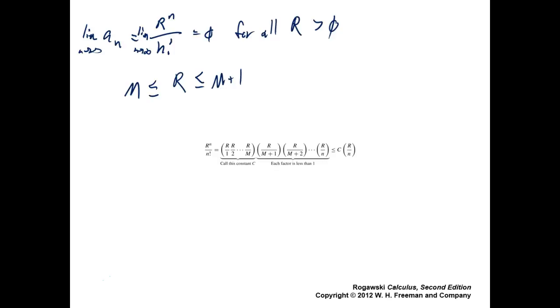Now, as long as you take n greater than the M, and this is what the squeeze theorem says, for any n greater than M, you can rewrite r to the n over n factorial as a product of n factors.